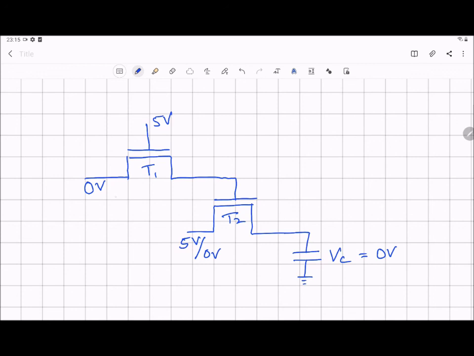Now as transistor T1 is on, this 0 will pass to the drain terminal of transistor T1, and the gate of transistor T2 will store 0 volt.